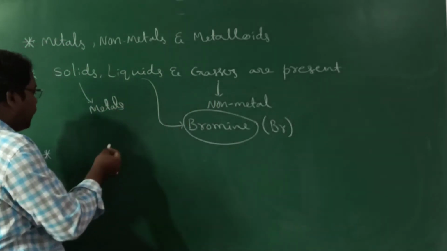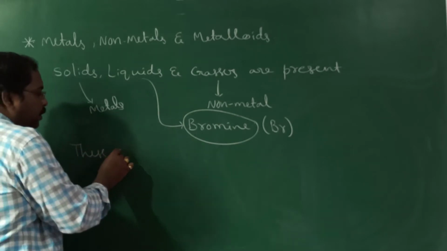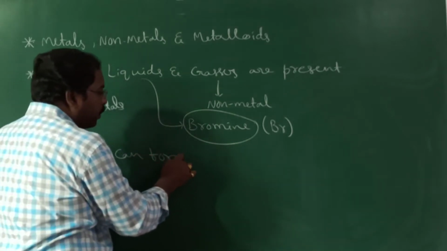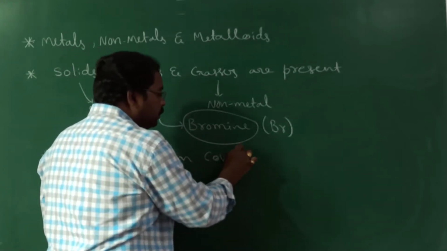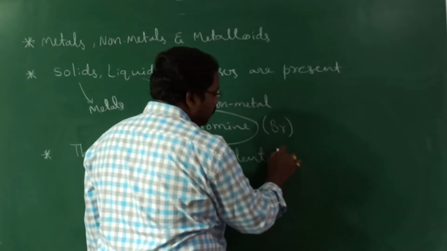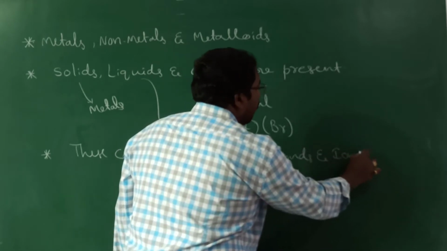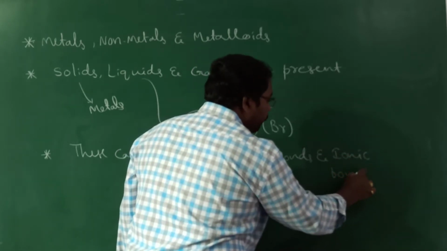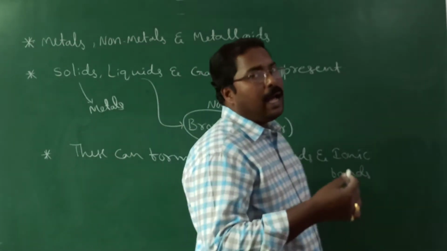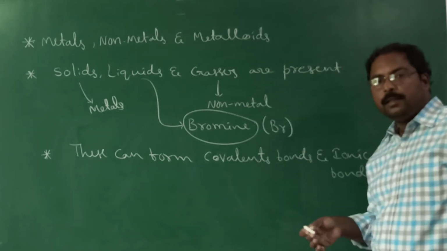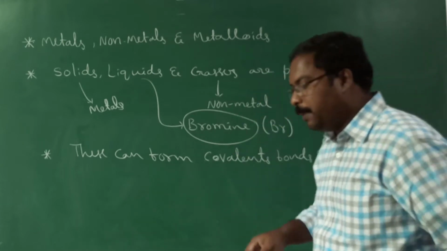So these elements can form covalent bonds as well as they can form ionic bonds also. Okay, so they will form compounds of covalent character as well as ionic character also.